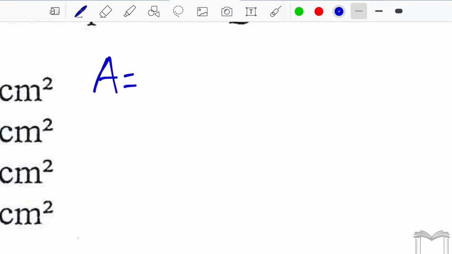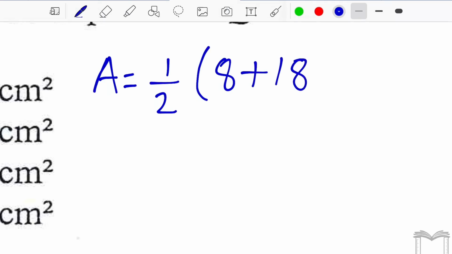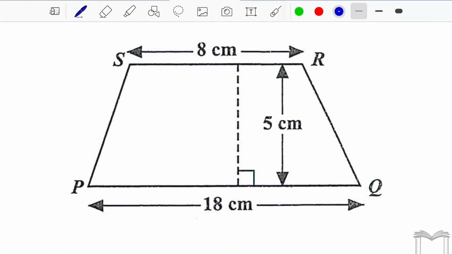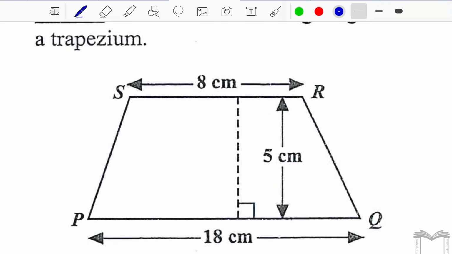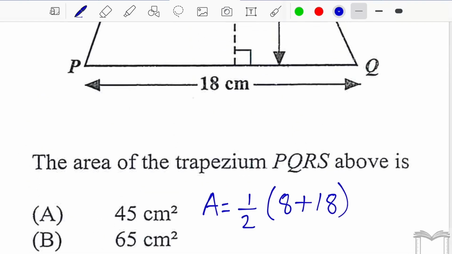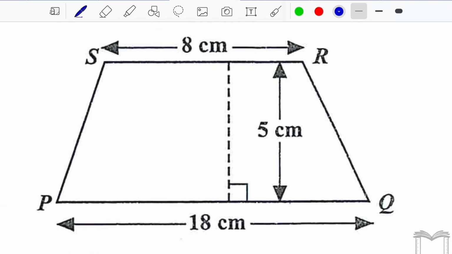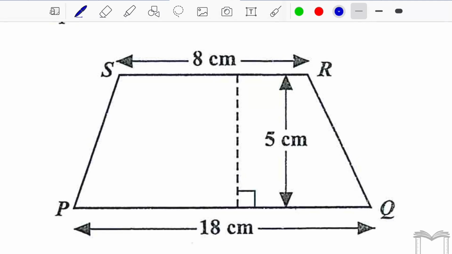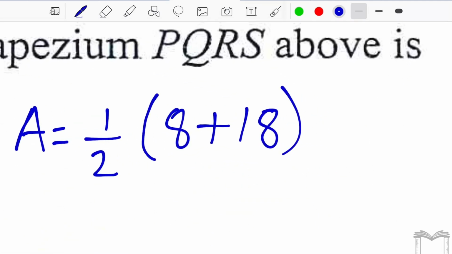The area of a trapezium is equal to half of the sum of the parallel sides, which are 8 and 18, multiplied by the perpendicular height, which is 5.